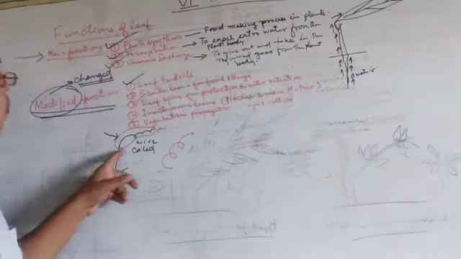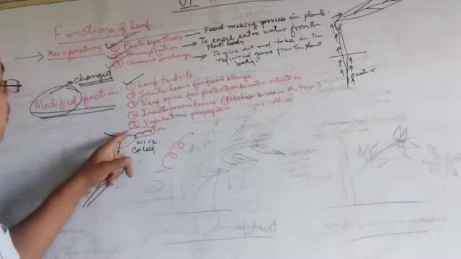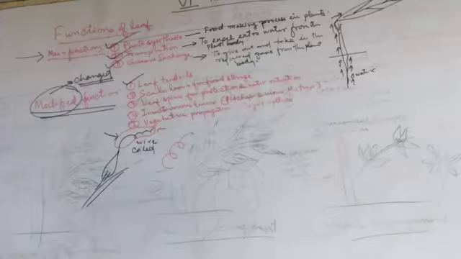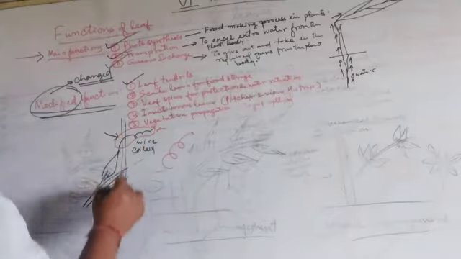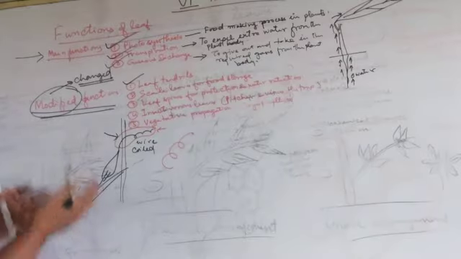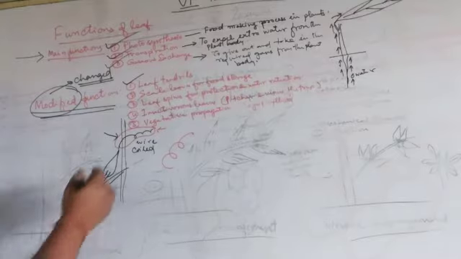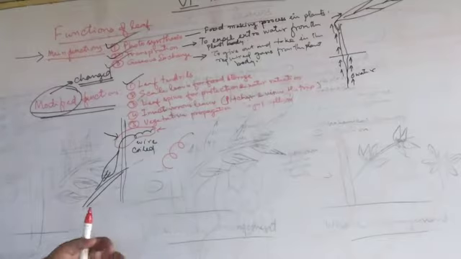So from the leaves, these leaf tips sometimes develop a coiled wire-like structure. What is this for? This is to hold some strong object to raise the plant up, right? They develop this and they raise the plant body higher. They climb. This helps them climb on a stiff object to get more sunlight, right?